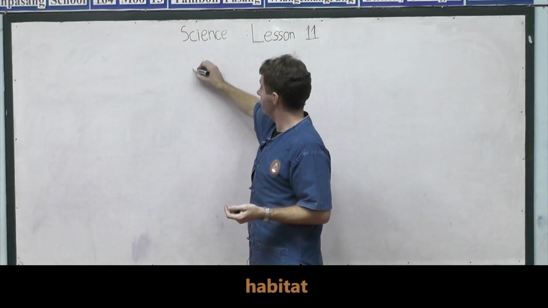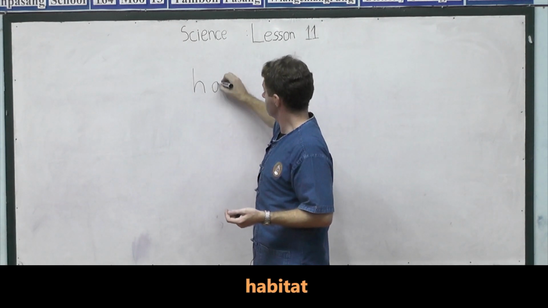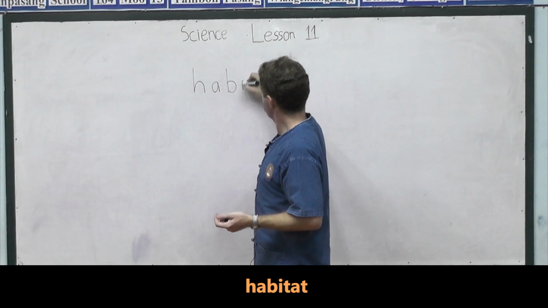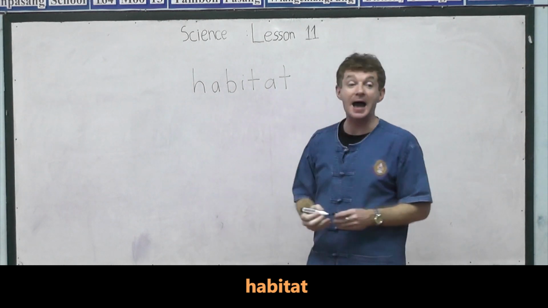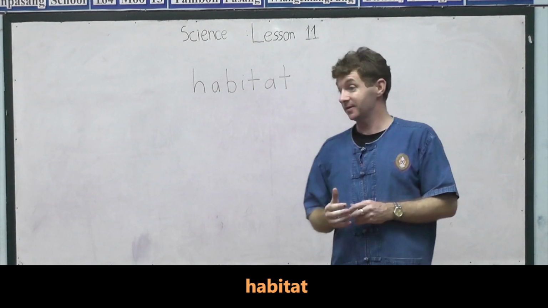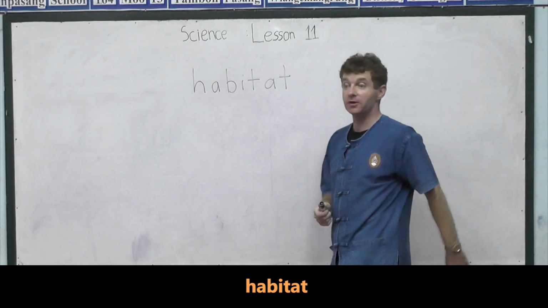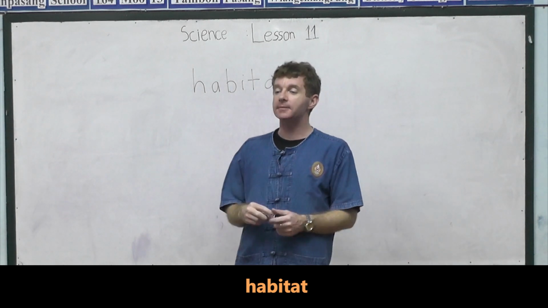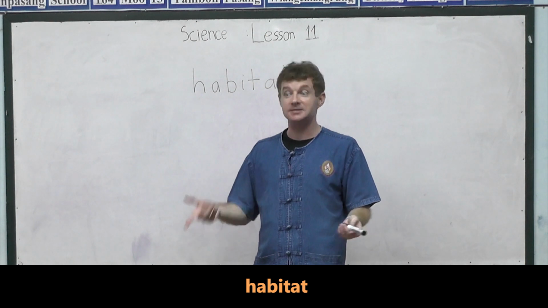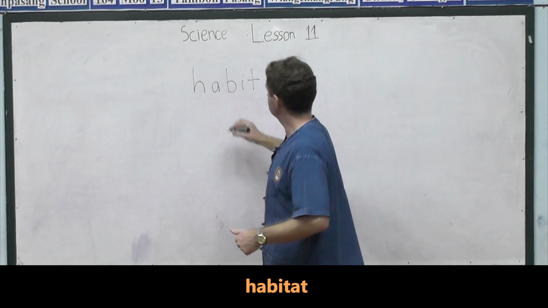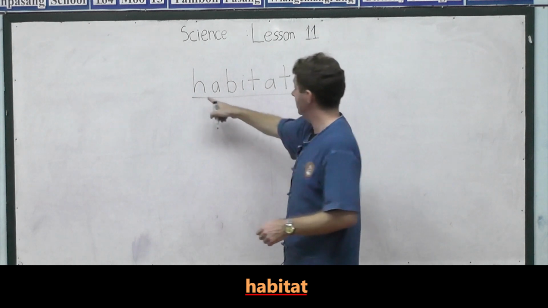But we talked about, do you remember the word habitat? Excellent. Tree. Who lives in a tree, or what animal? Birds. Birds live in trees. And monkeys. Okay, so let's practice habitat first.